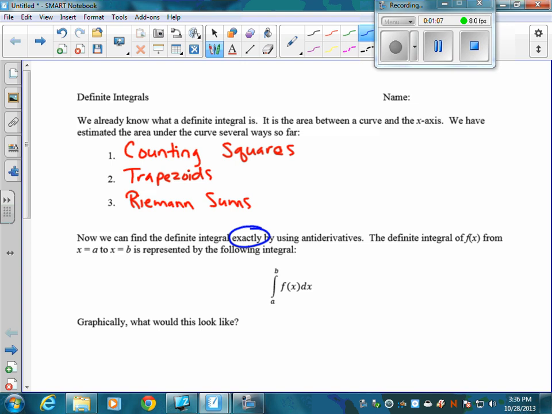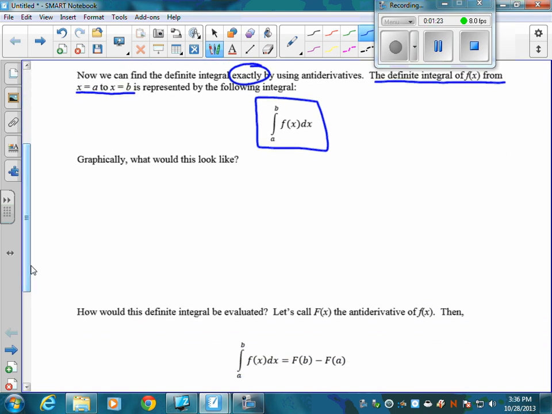This notation that's written right here is read as the definite integral of f of x from x equals a to x equals b. So that's what this notation means. Let's look at a graph. What does this actually look like?